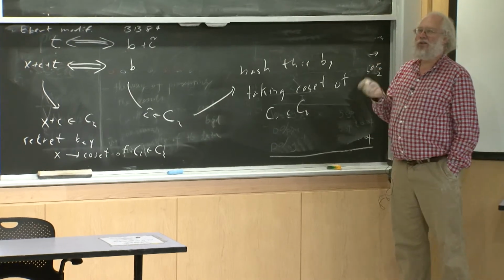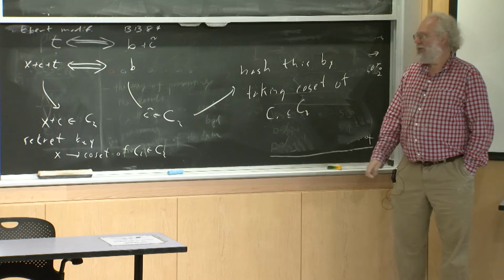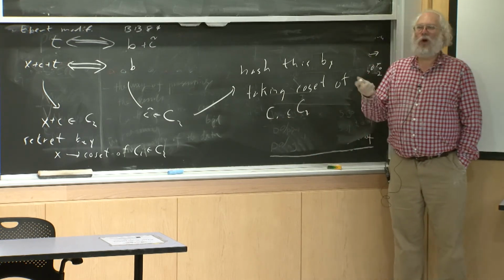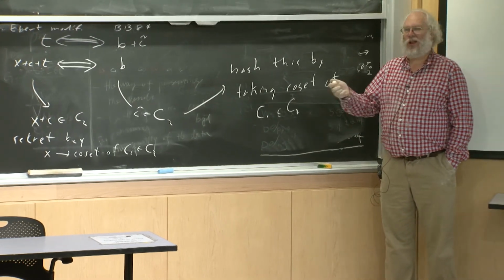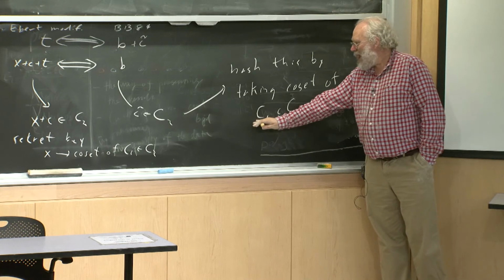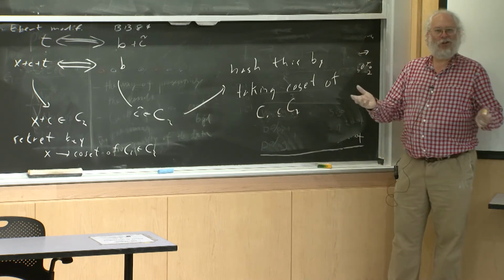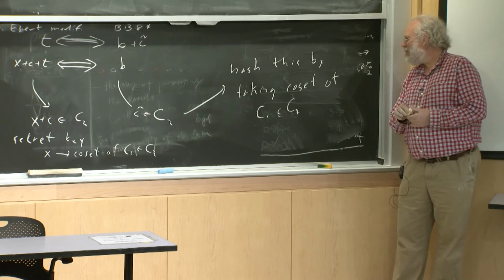Here we're using the hash function corresponding to a code C1 that is contained in C2. One of the proofs of security of BB84, which was long and complicated, shows you can use any error correcting code whether or not it's contained in C2. But that's for the hash.